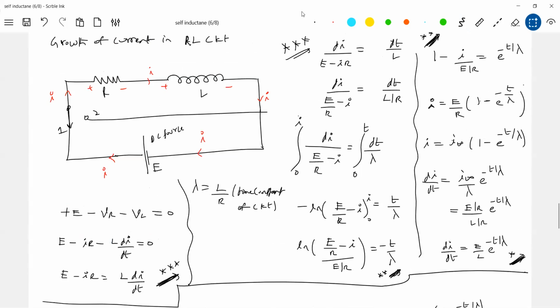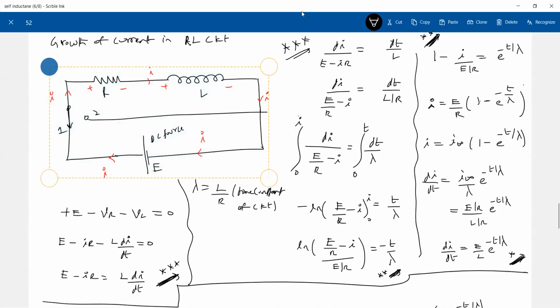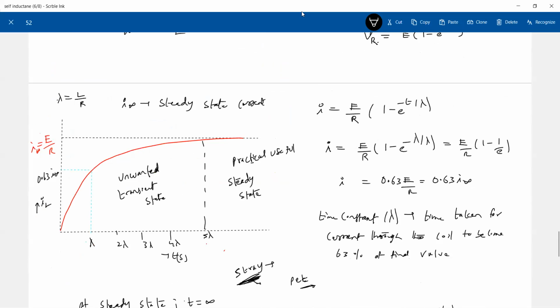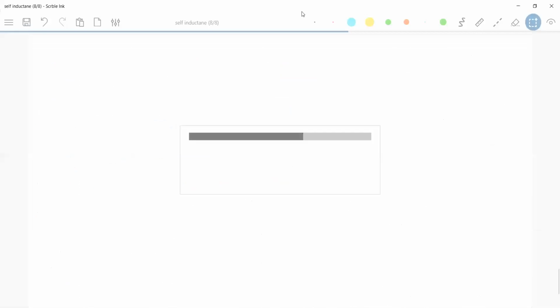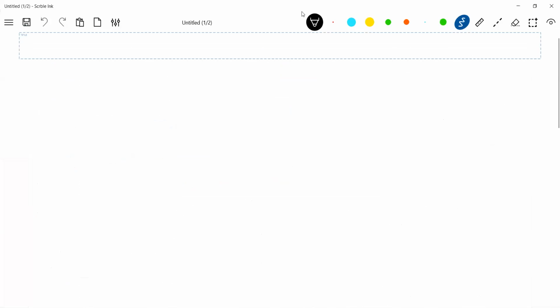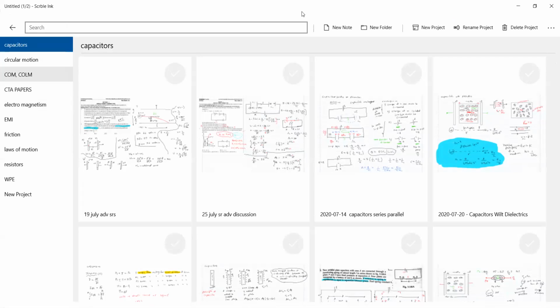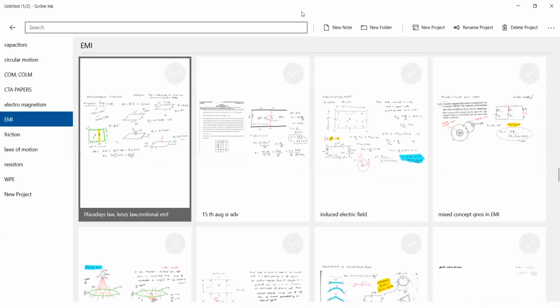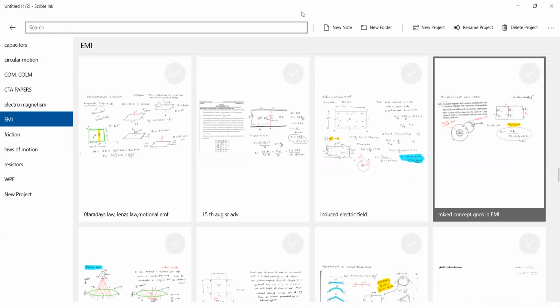I'll take this diagram. We'll paste it there. Where are inductors? Let me search.